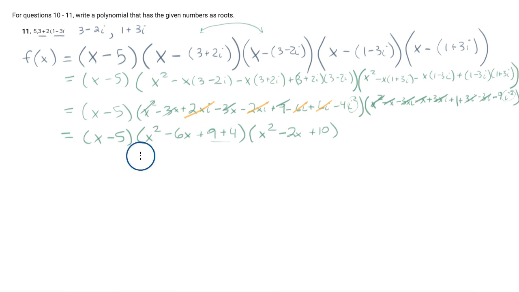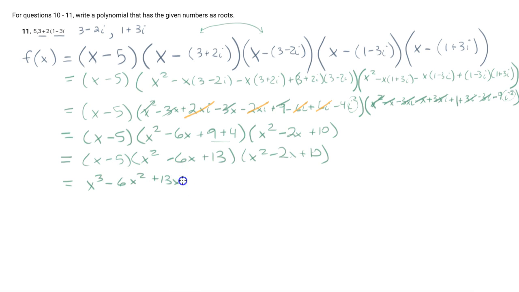So I do need to simplify these numbers right here. So I'll have x minus 5, x squared minus 6x plus 13, and x squared minus 2x plus 10. Still quite a lot of things to multiply. So let's start by working from the left to the right. Let's distribute this x minus 5 into the x squared minus 6x plus 13. So we'll get x to the third minus 6x squared plus 13x minus 5x squared plus 30x minus, that would be 65.